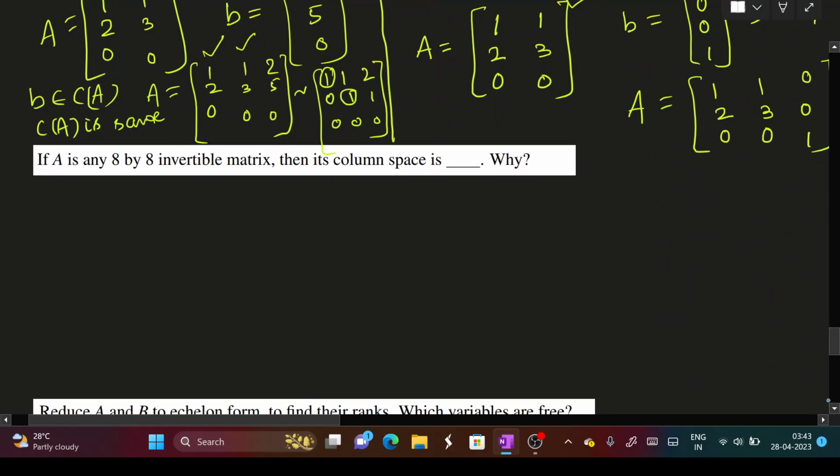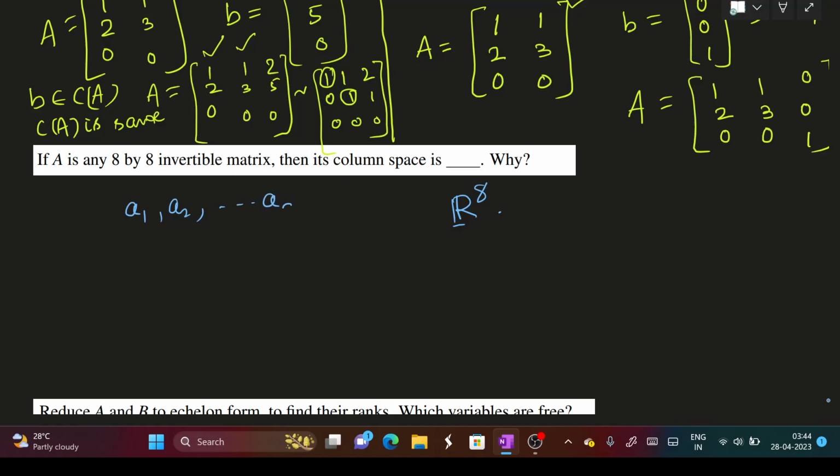Next question is, if A is any 8 by 8 invertible matrix, then its column space is R to the power 8. The question is why? Suppose my column vectors of A are A1, A2 up to A8.